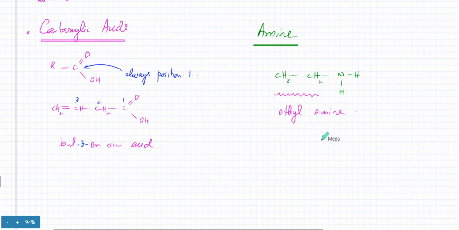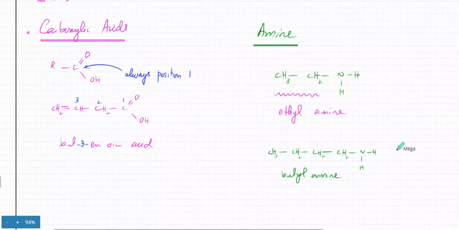If you have three carbon atoms or four carbon atoms, and there's an NH2, this would be butylamine because it's four carbon atoms. So this is how amines are named. I'm not going to go into more details about amines. And the last one is a nitrile.